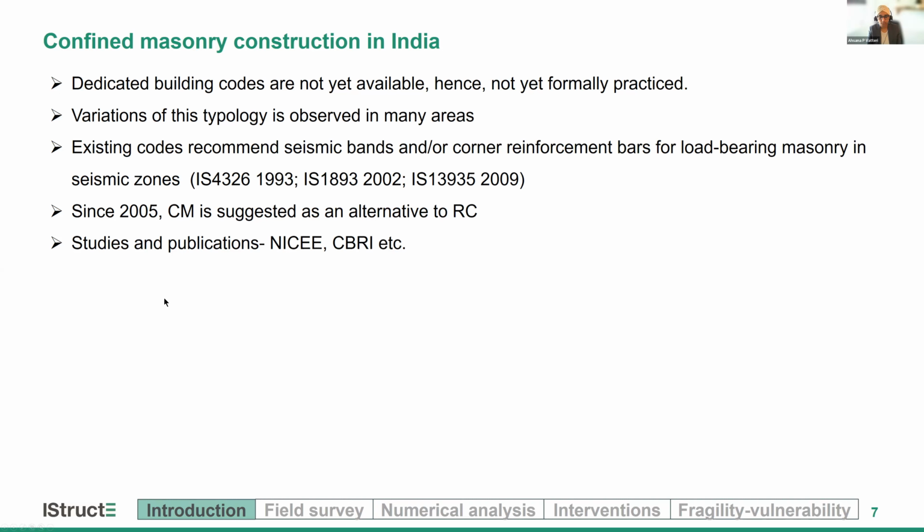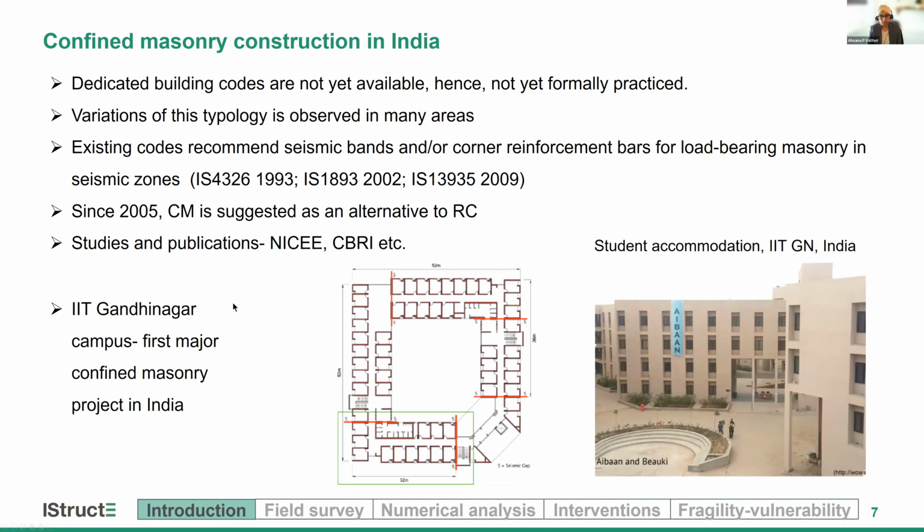Specifically after the Bhuj earthquake in 2001, confined masonry was suggested as an alternative construction form to RC, as several collapses of RC buildings were observed in this earthquake. And there are now a lot of recommendations and guidelines produced by national organizations for promoting this construction.